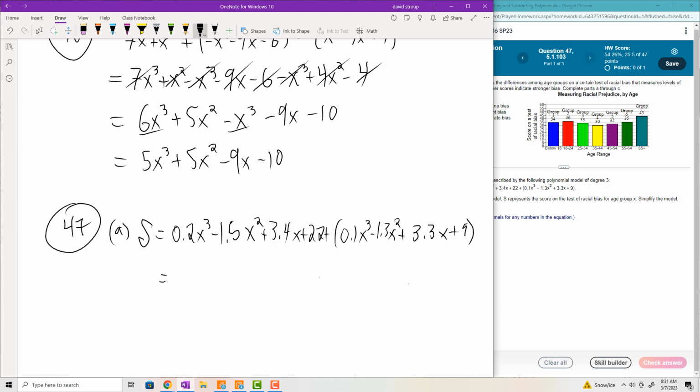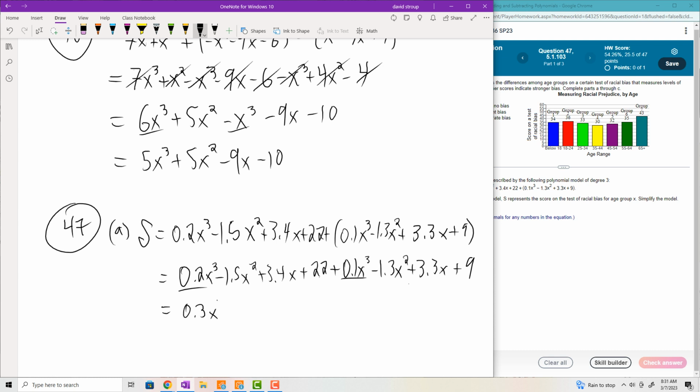Okay, so that's simple enough. You just add the like terms together. We could drop the parentheses if that helps. It's just addition of polynomials, so you don't have to distribute or anything. And then we can combine like terms, so we have 0.3 x cubed, and then the x squared terms.